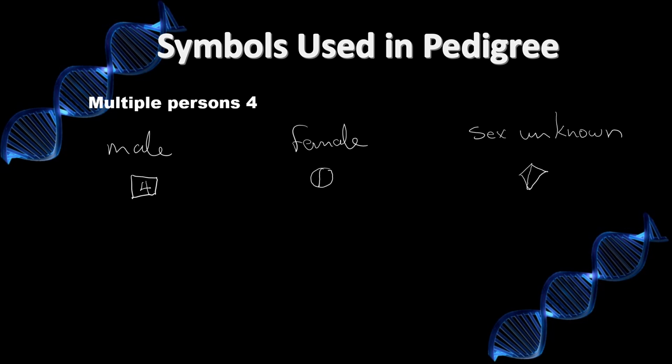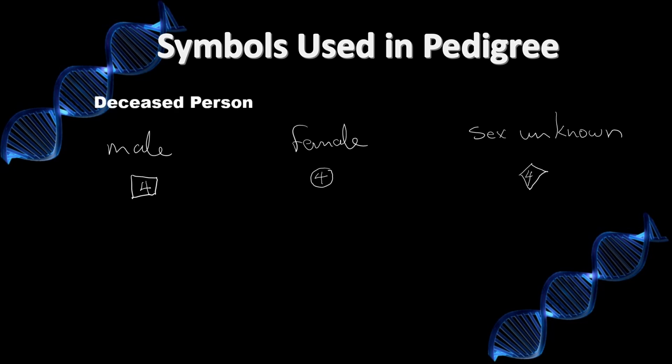The same for female, draw a circle and write the number of females there. In the case of sex unknown, the same, the number of people will be written in the middle. Now we can move to the deceased person.